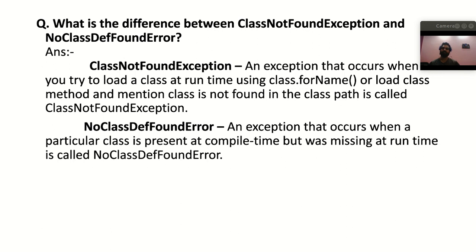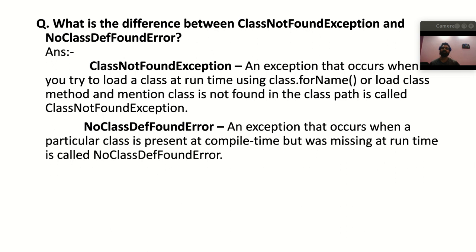So basically, if you try to load a class at runtime and that class is not available in the classpath, then we will get this ClassNotFoundException, right? The second is NoClassDefFoundError. This is basically an error that occurs when a particular class is present at compile time but it is missing at runtime, right?